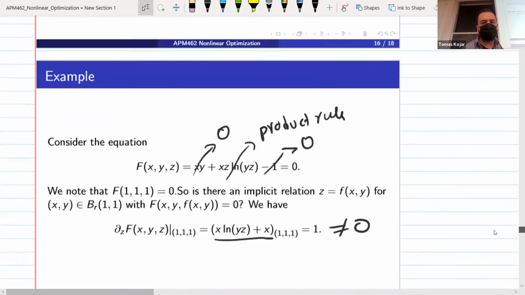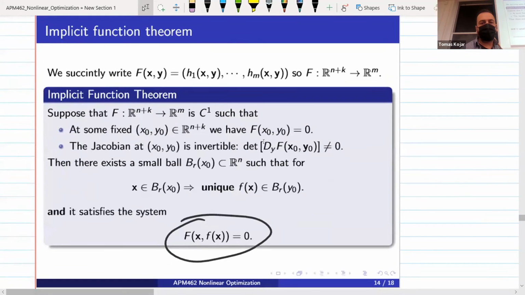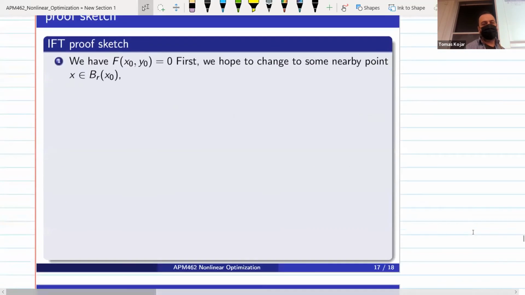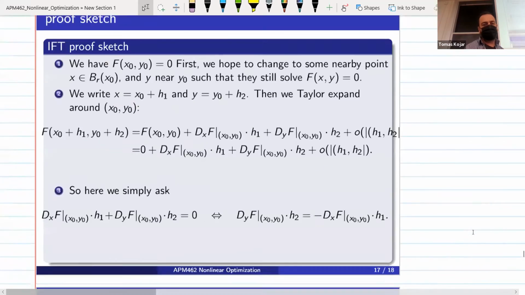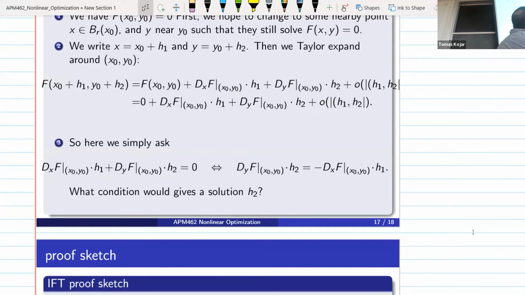That was one of the assumptions. We needed the Jacobian to be invertible, but it's so easy. Maybe I'll do it next time because the proof is very beautiful.